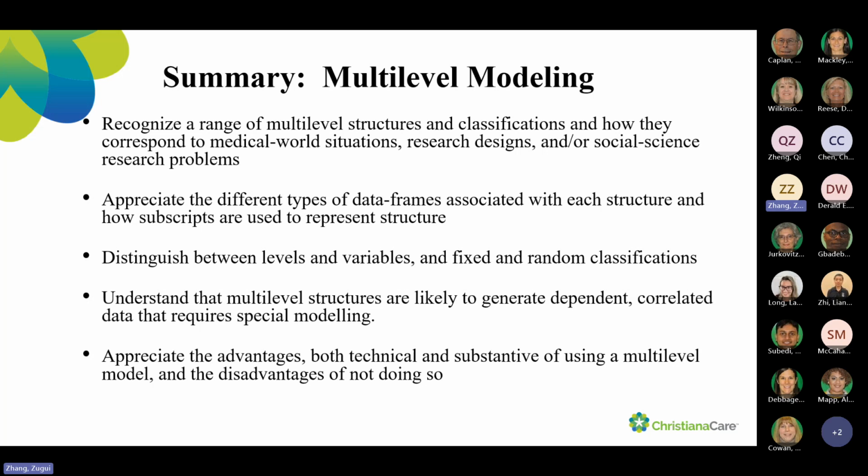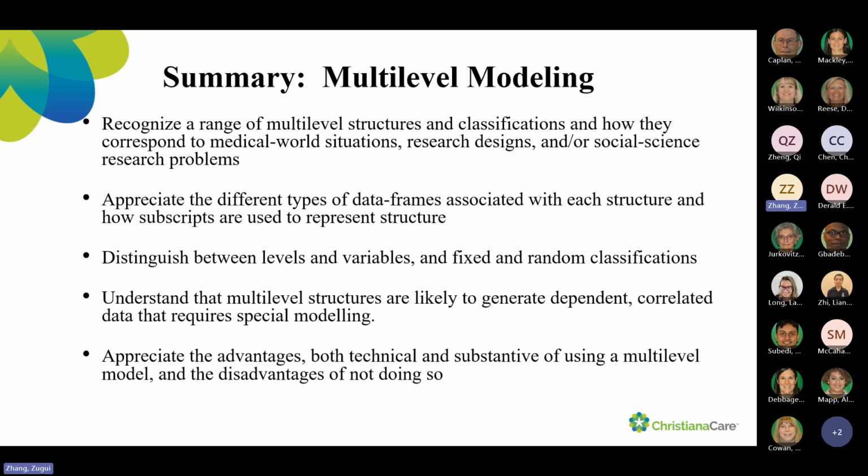Specifically, usually we run two-level modeling quite often. Sometimes we run three-level. I think four or five level multi-level modeling is very rare.